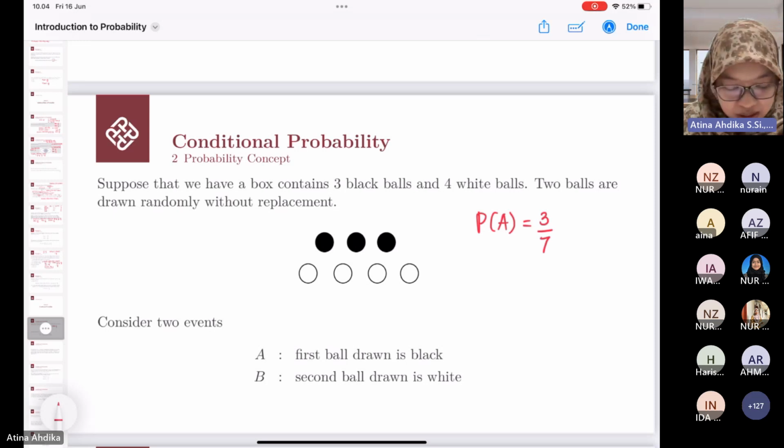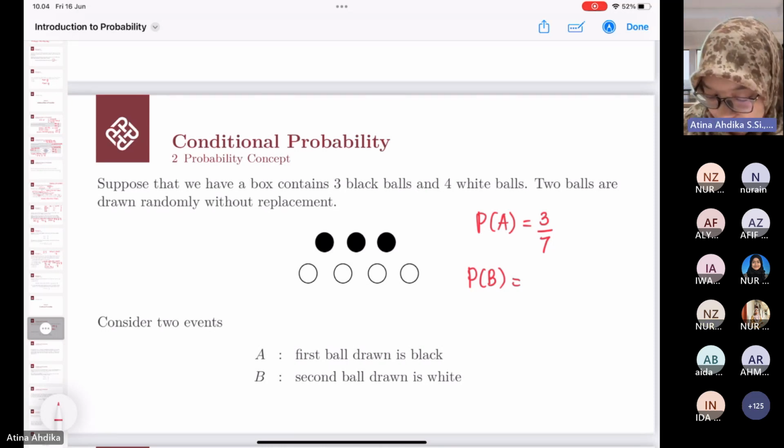So what is the probability of B? 4/7. But we define that B is the second ball drawn is white. So this is the second drawing. 4/6.